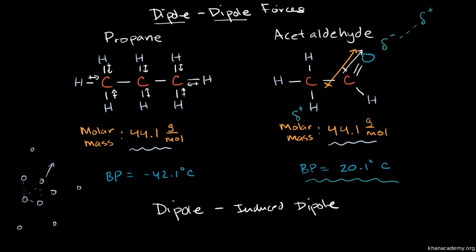And we might cover that in a few examples in the future, but this can also occur. You can have a temporary dipole inducing a dipole in the neighbor, and then they get attracted to each other, and you can have a bit of a domino effect. You can have a permanent dipole interacting with another permanent dipole. They get attracted to each other. And you could have a permanent dipole inducing a dipole in a neighboring molecule.